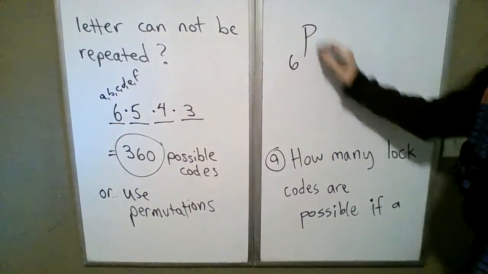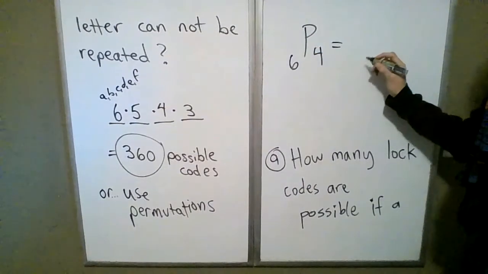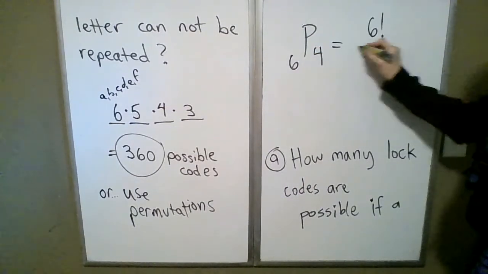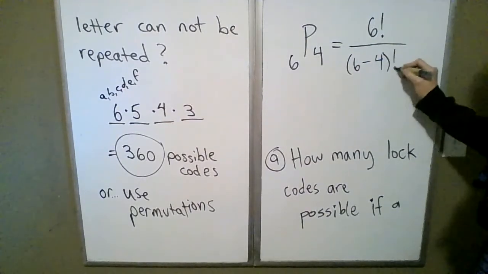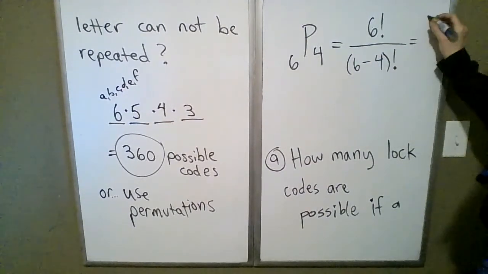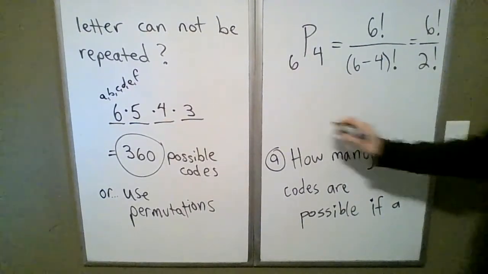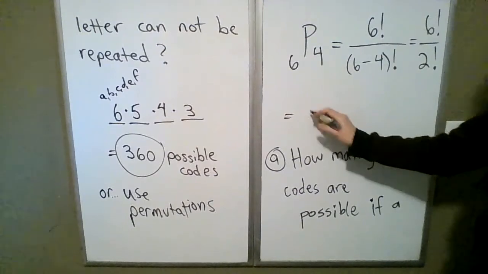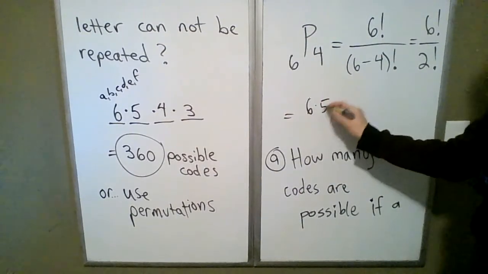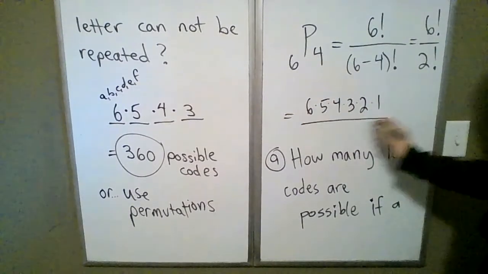Six P 4 would be 6 factorial over 6 minus 4 factorial, which is 6 factorial over 2 factorial. 6 times 5 times 4 times 3 times 2 times 1, over 2 times 1.